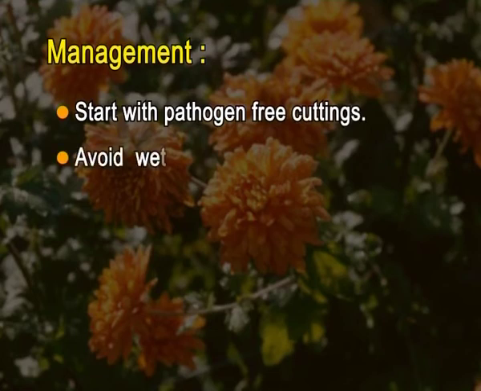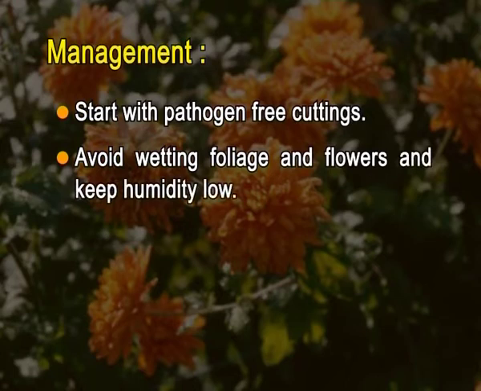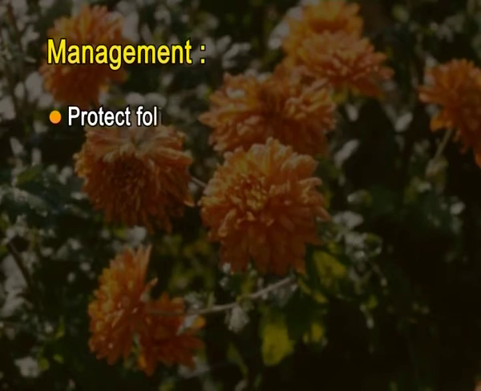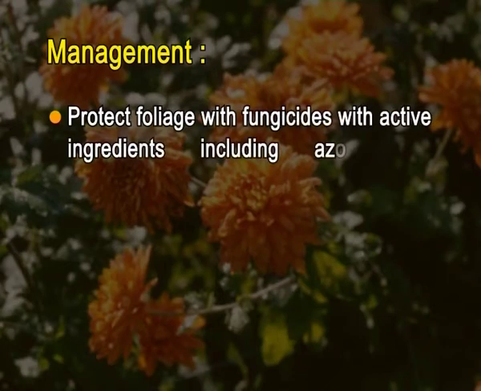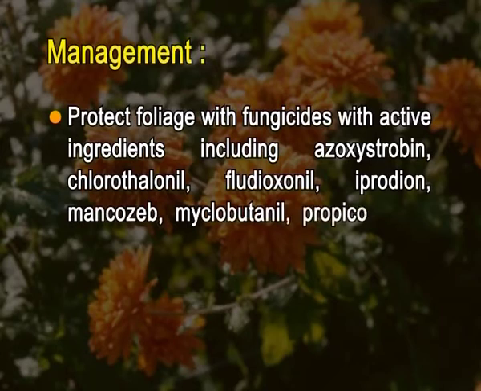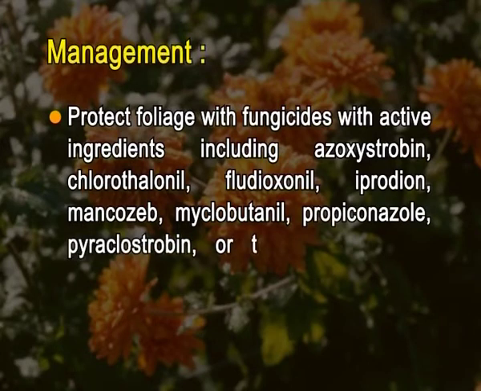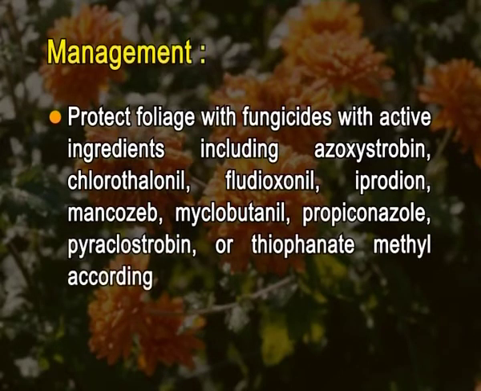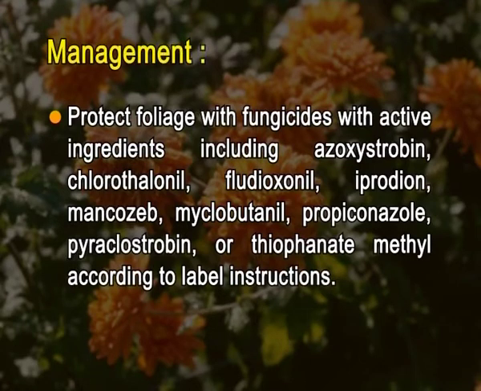Avoid wetting foliage and flowers and keep humidity low. Protect foliage with fungicide with active ingredients including azoxystrobin, chlorothalonil, fludioxonil, iprodione, mancozeb, myclobutanil, propiconazole, pyraclostrobin or thiophanate methyl according to label instructions.